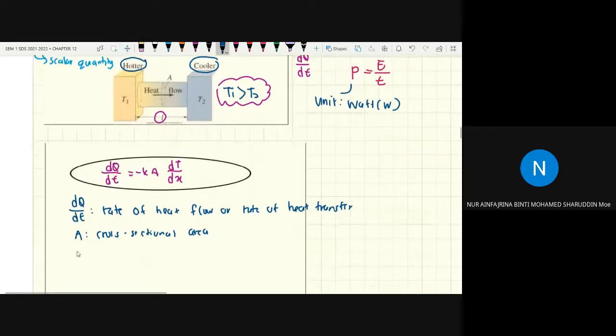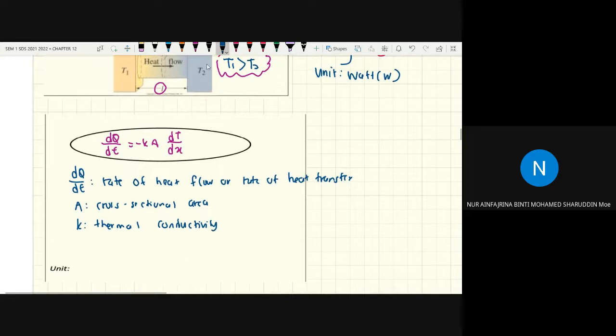And K is very special. K is the thermal conductivity. So, what is K? K is the ability of a material to conduct heat. Okay, take some notes: thermal conductivity is the ability of a material to conduct heat.